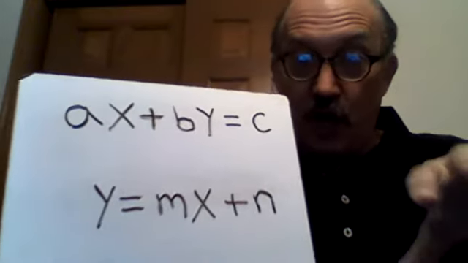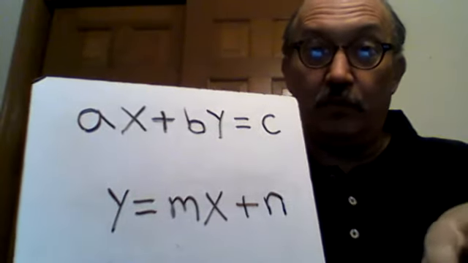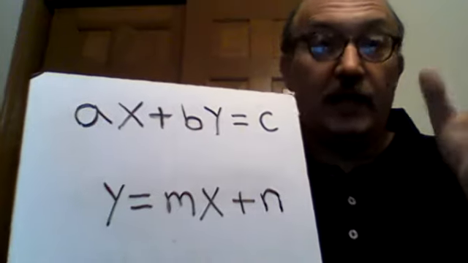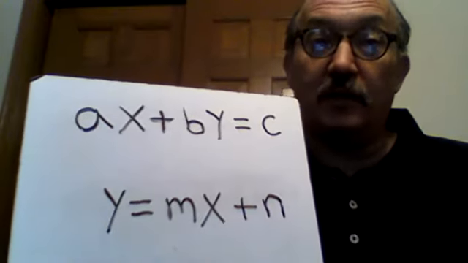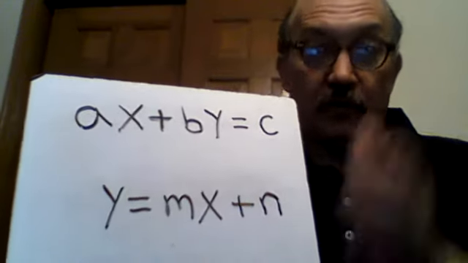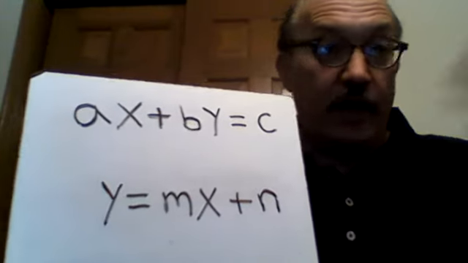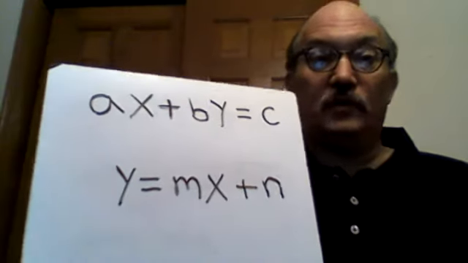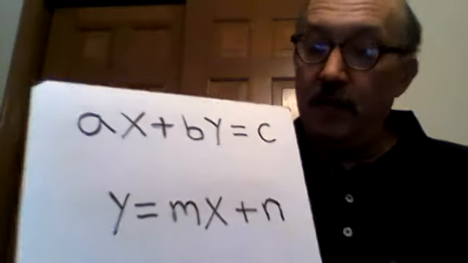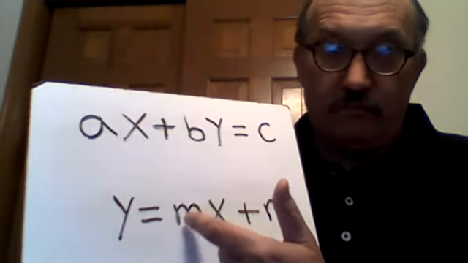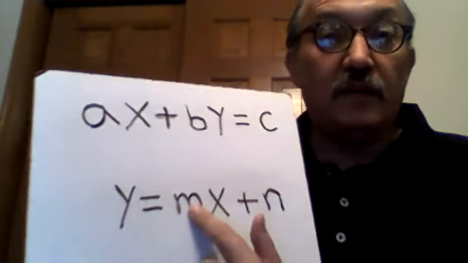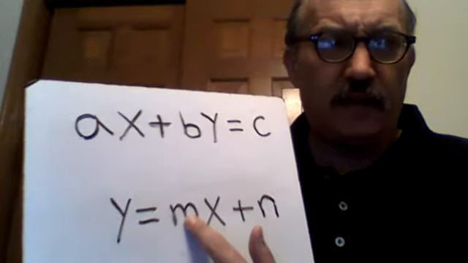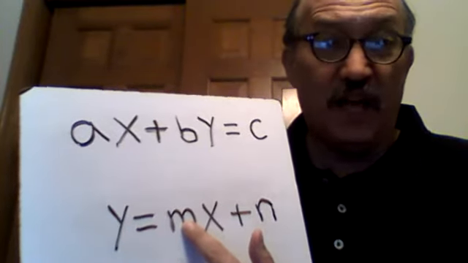In this video, we're not going to get into the concept of slope. I'm going to define slope, and it's a huge part of this topic, the slope of a line. We'll start by defining it, and then we'll look at various implications once we define the slope of a line. But for now, we can just say that this number here that is in front of the x is the slope of the line.